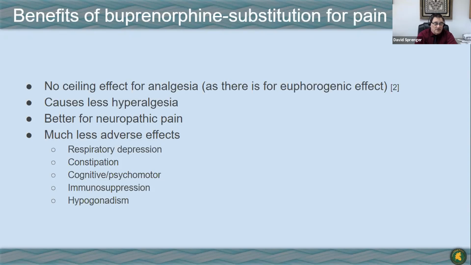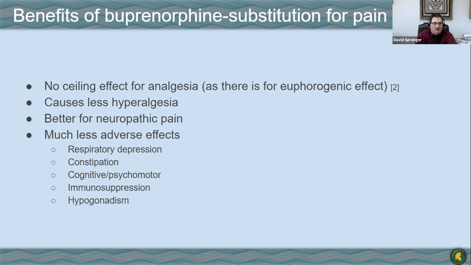There's a lot less constipation. I've seen it many times where someone comes in using heroin and they haven't gone to the bathroom for a week, and that's their pattern. But in starting them on buprenorphine, their bowel habits become much more regular.